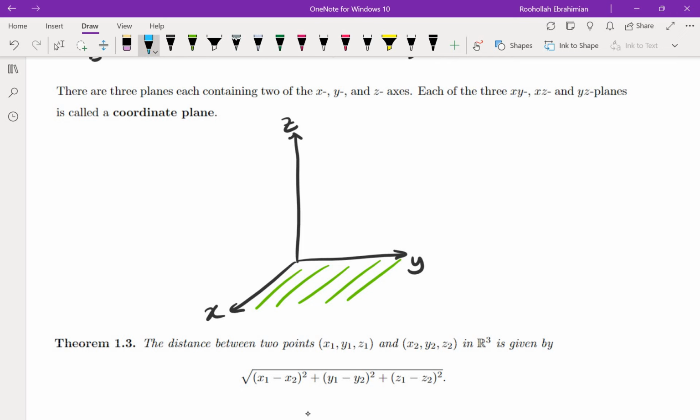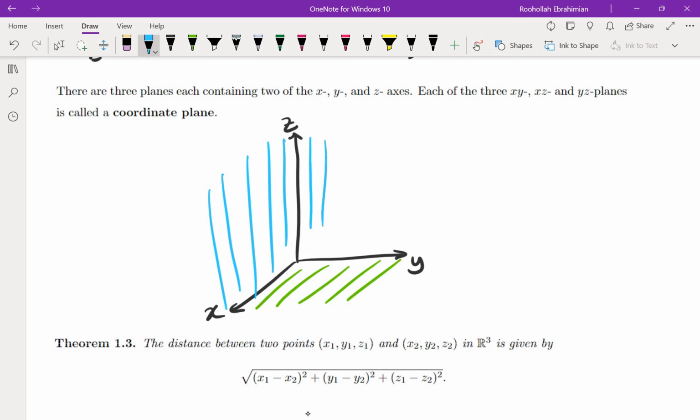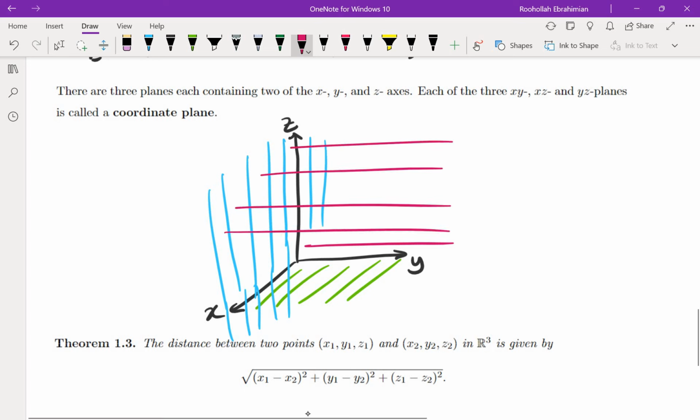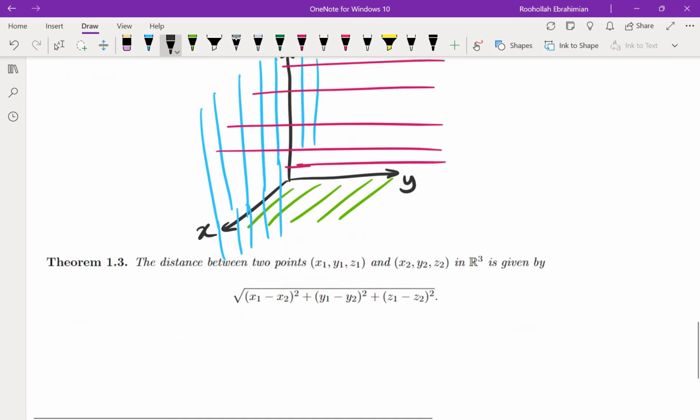There is a plane that contains the x and z axes. So that would be the xz plane, and of course there's also a negative side of it and also the bottom, so it's the entire plane. And there's also a plane that contains the y and z axes. So this plane is called the yz plane. These three planes are called coordinate planes.